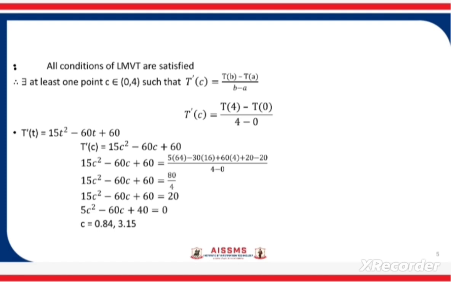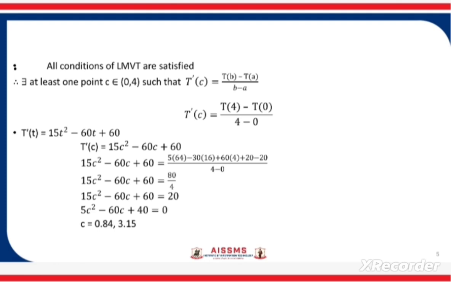So here we get 15c square minus 60c plus 60 is equal to 20. Now, if we take 20 to LHS, then 60 minus 20 becomes 40. So our equation becomes 15c square minus 60c plus 40 is equal to 0. Now, we simplify this equation.